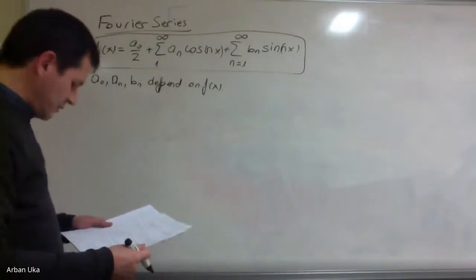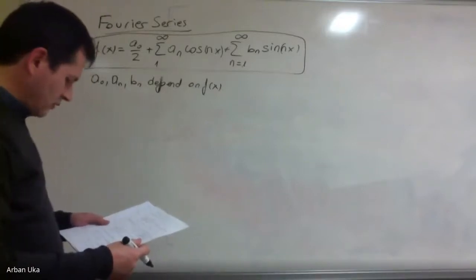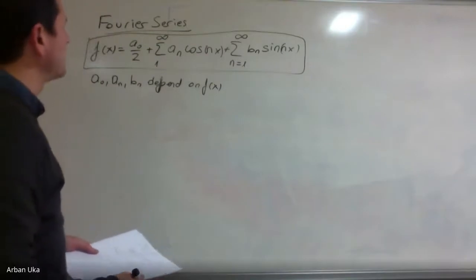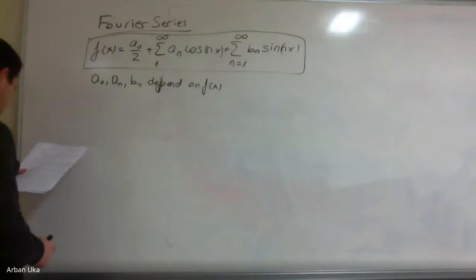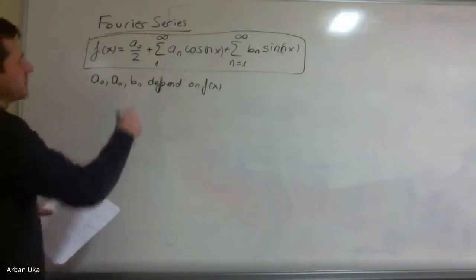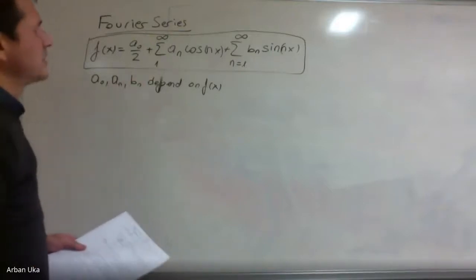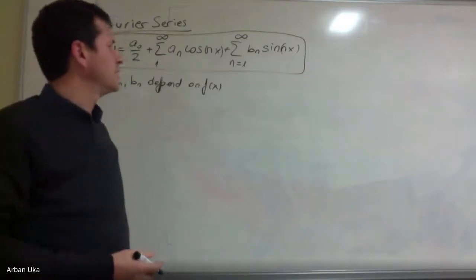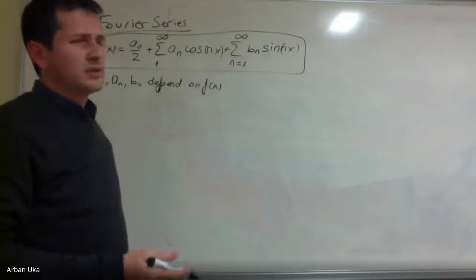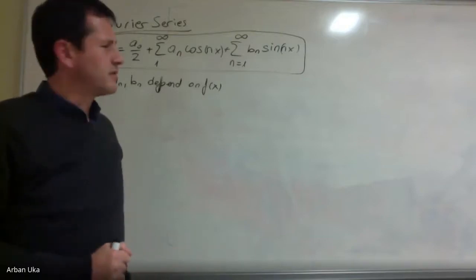Now, when we see this expansion, we can remind ourselves that sine of x and cosine of x are oscillatory functions, or time harmonic functions. It doesn't have to be only time, we can also call them space harmonic functions.